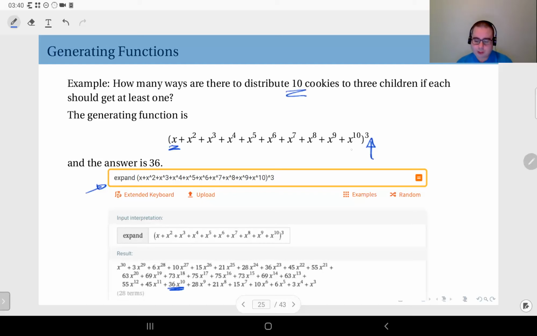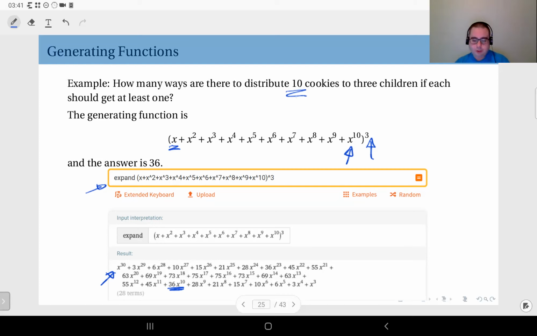You see, x to power 10 means you allocate 10 cookies to one of these children, okay? And in your expression, you see x to power 30. This means there is one single way to allocate 30 cookies to 3 children by allocating 10 to each of them.